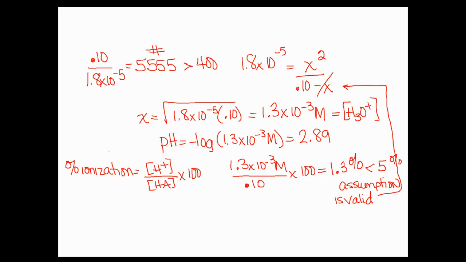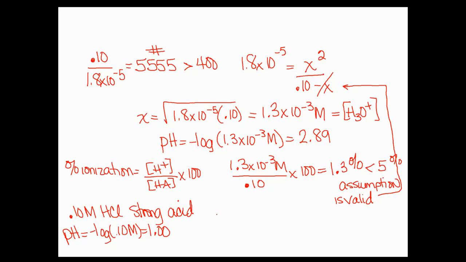Now, one other thing is that a 0.10 molar HCl, strong acid, its pH is the negative log of that value, which is 1.